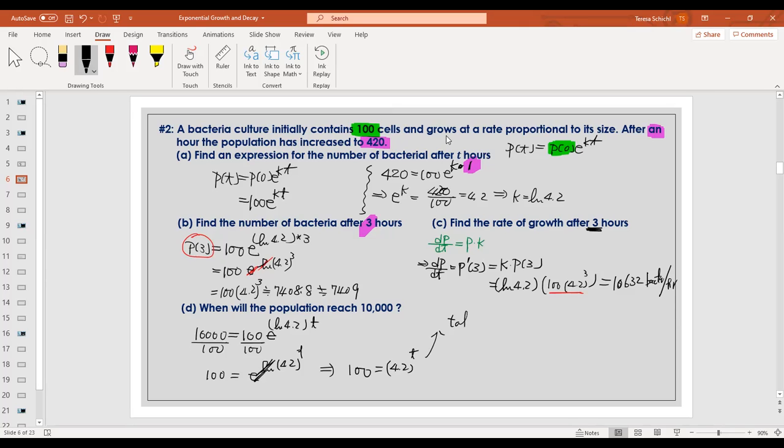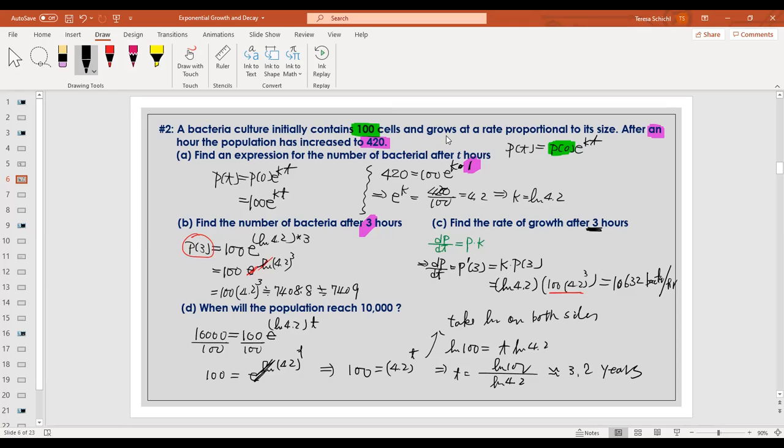Take the natural log of both sides. Then you will have the natural log of 100 is equal to t times the natural log of 4.2. So t will just be the natural log of 100 divided by the natural log of 4.2, and you put it into your calculator, it will approximately give you 3.2 years.